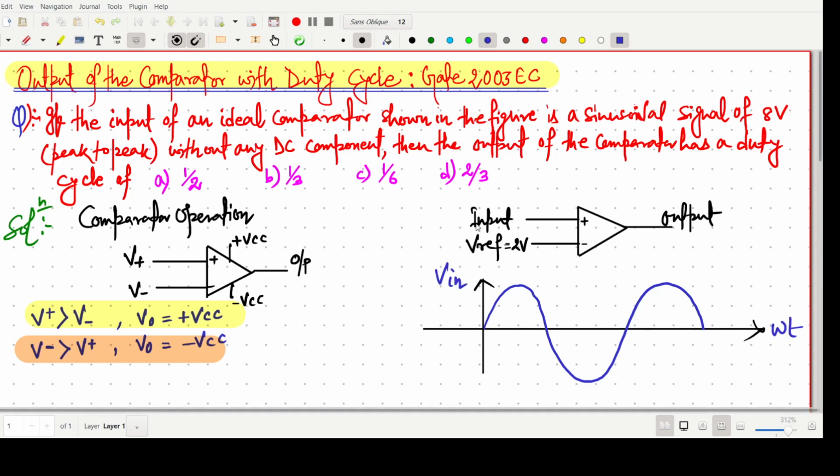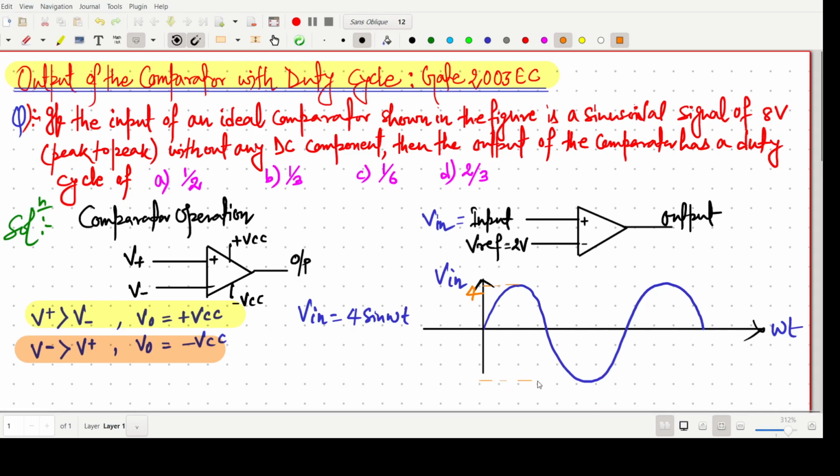It is given as 8 volt peak to peak. So this V in is nothing but simply 4 times sine omega t, because the upper portion is 4 volt and the lower one is minus 4 volt. So in total this will be 8 volt peak to peak. That's why we are writing 4 sine omega t.